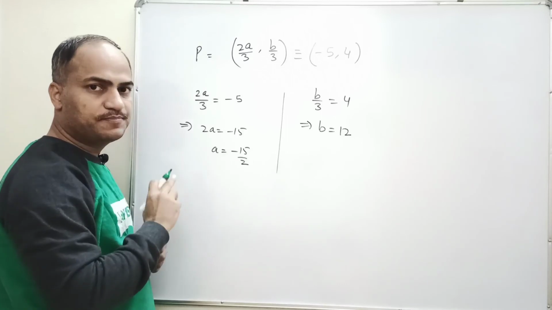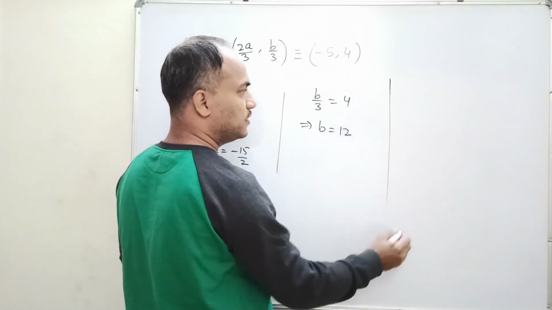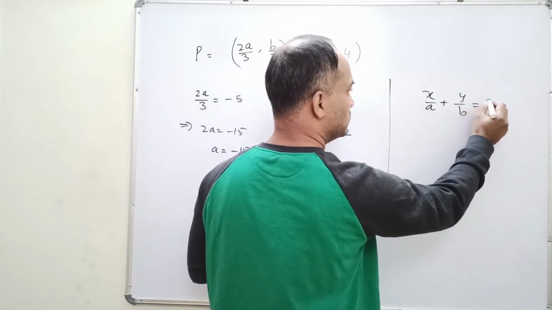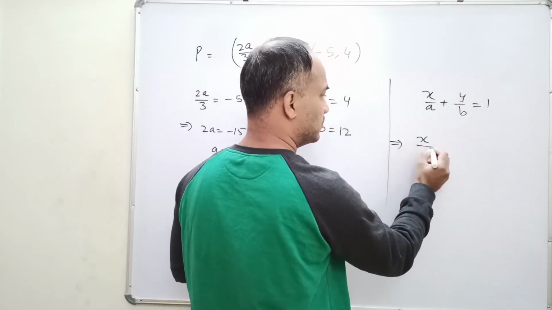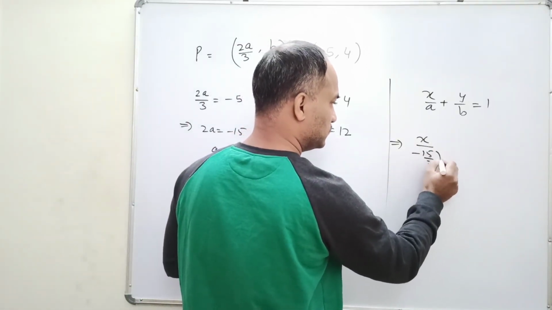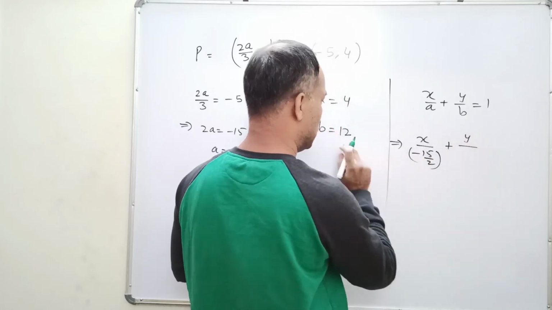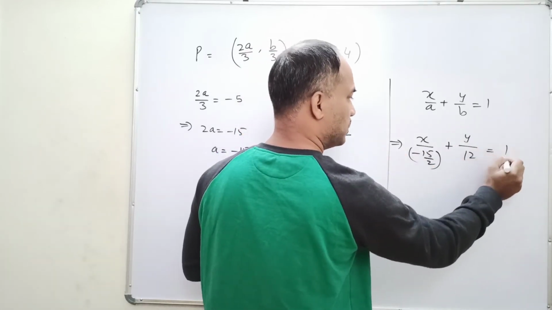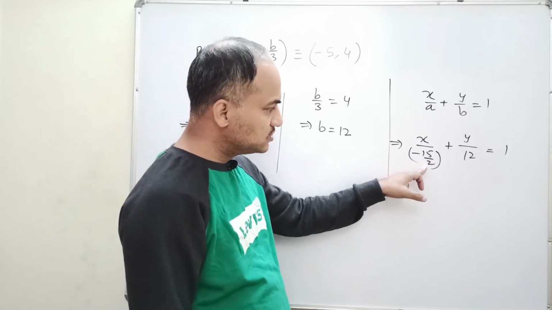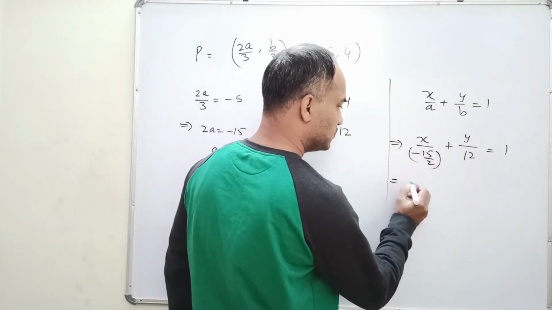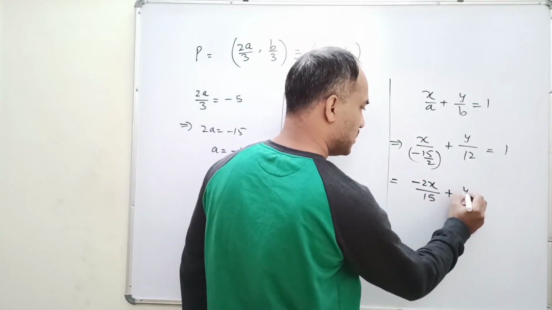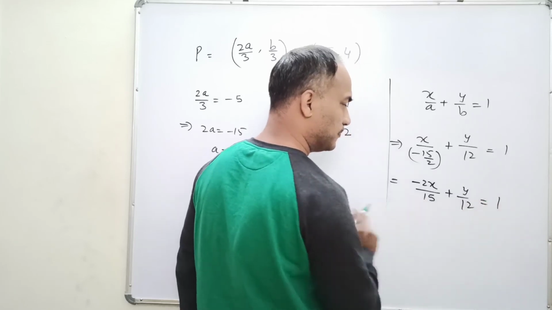Since we have got both a and b, we can find the equation of the straight line, that is x/a + y/b = 1. So the line will be x/(-15/2) + y/12 = 1. The 2 is in the division, so this will come up, and this becomes -2x/15 + y/12 = 1.